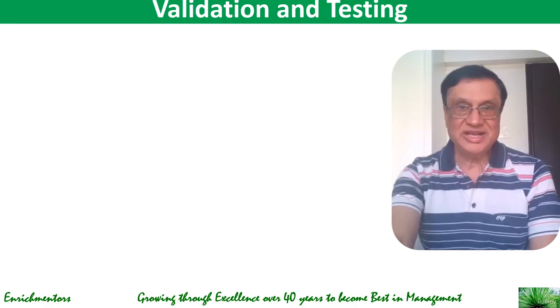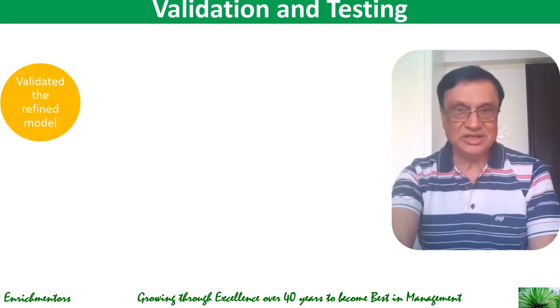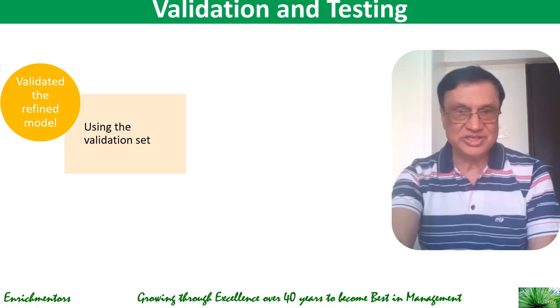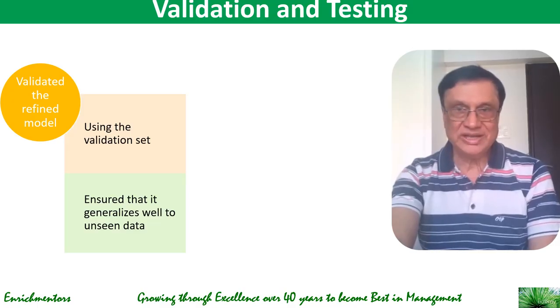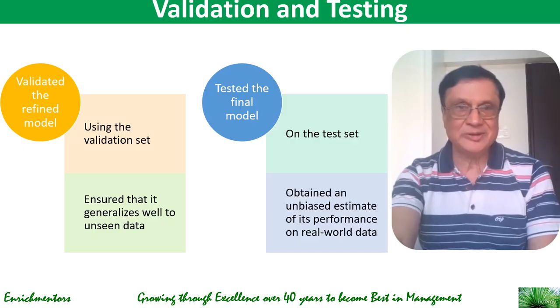In the pre-final stage of validation and testing, they validated the refined model using the validation set to ensure that it generalizes well to unseen data, the new data that will come in, and they tested the final model on the test set to obtain an unbiased estimate of its performance on real world data.